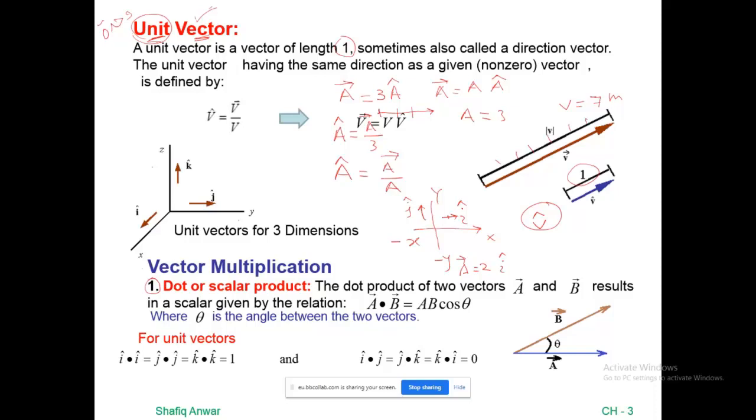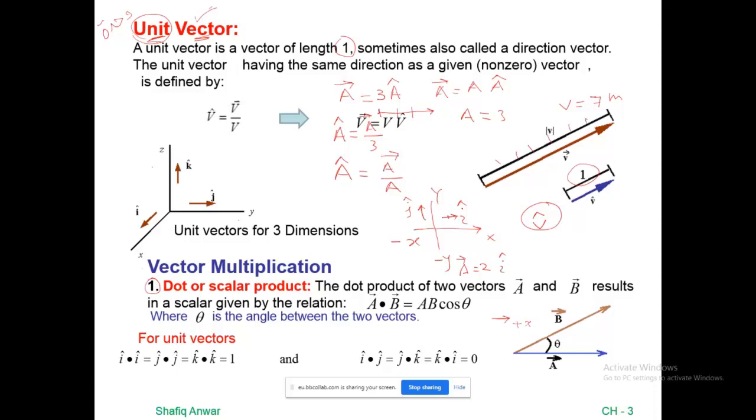Right. Now, we are going to use this concept for unit vectors. If, for example, you have one unit vector i and the second i, the multiplication of the unit vector by itself. You see, as I told you, i unit vector is along the positive x-axis. And again, the same positive direction.